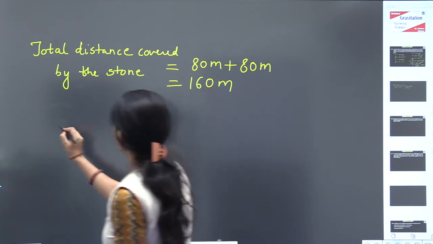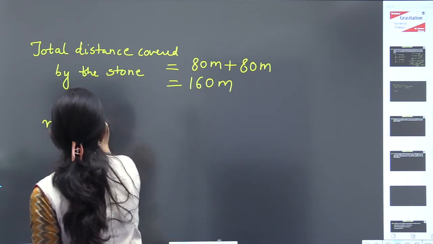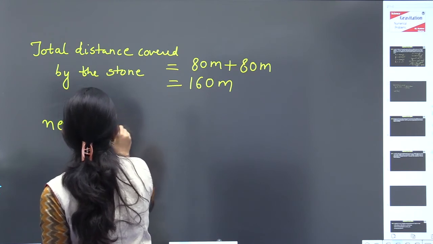So this is the total distance covered by the stone. Now next, net displacement covered by the stone.